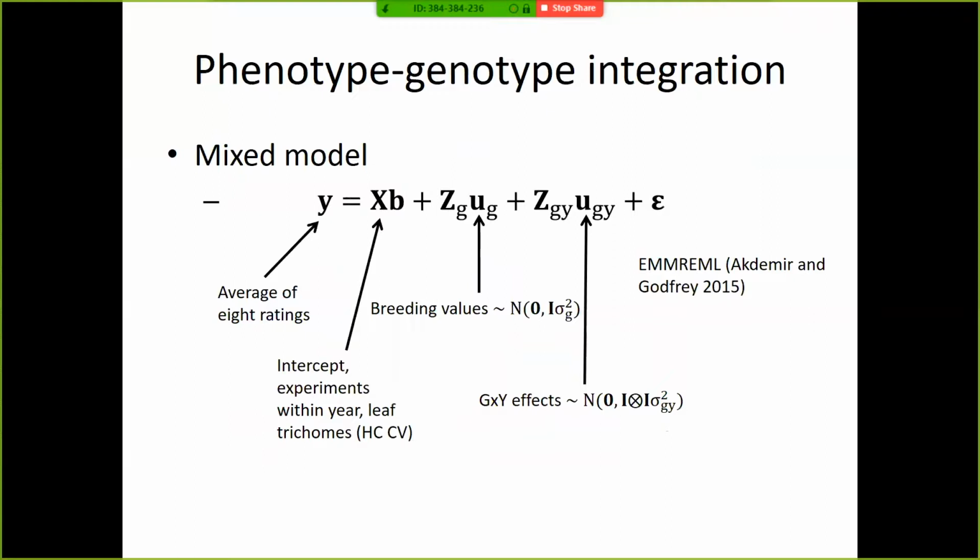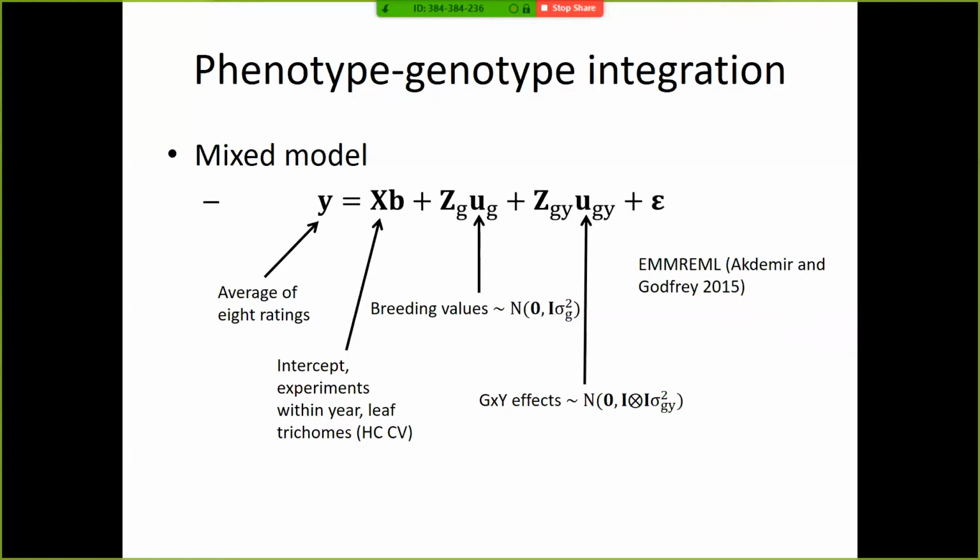Our fixed effects are the intercept, the experiments within years, and the leaf trichome ratings, and the leaf trichome ratings only for the computer vision ratings for the HC family. Then we have a random effect of the breeding value, or the genotypes, where we assume that all the genotypes are independent.